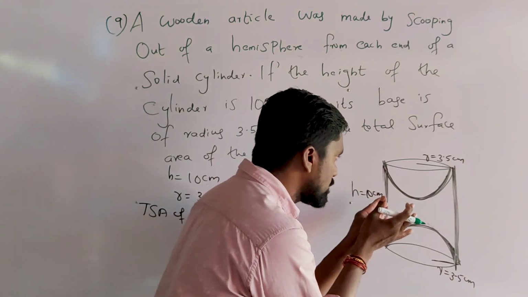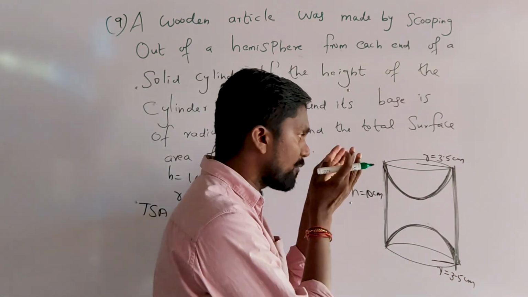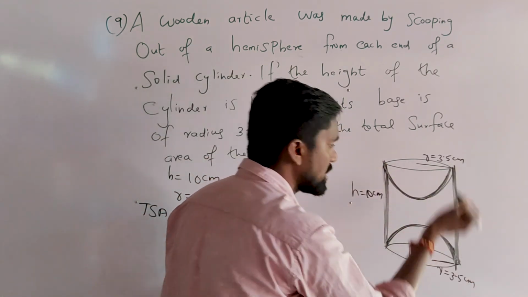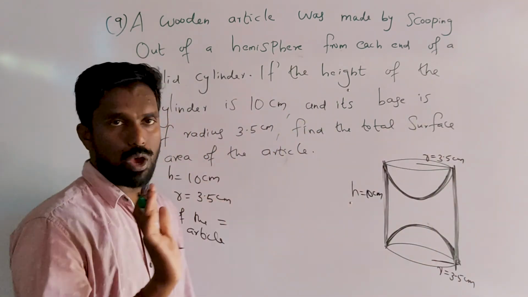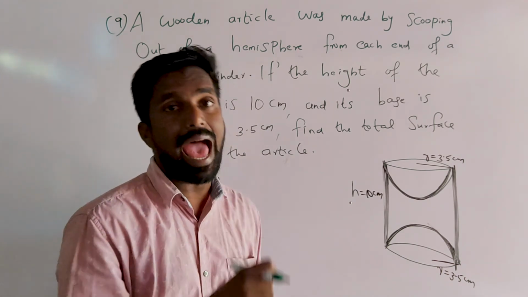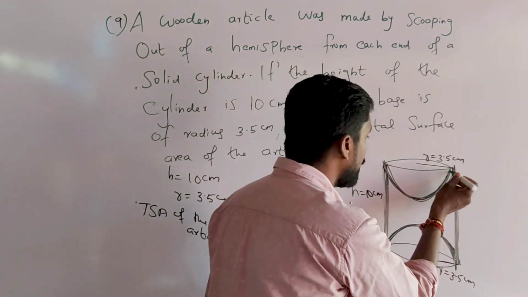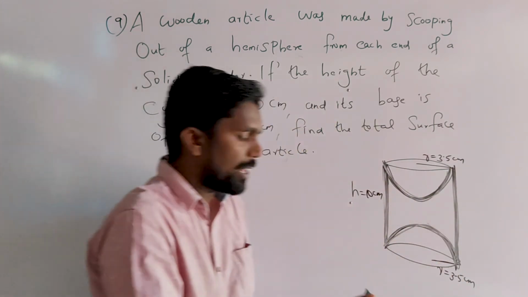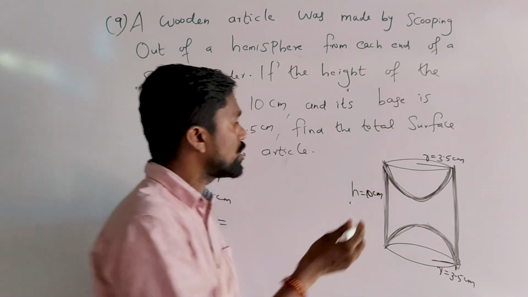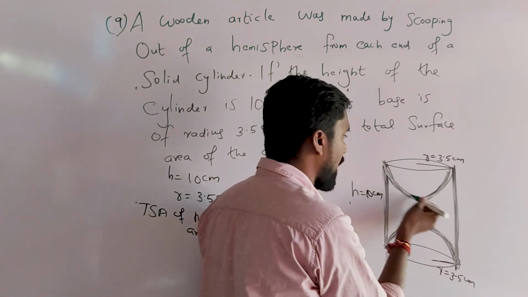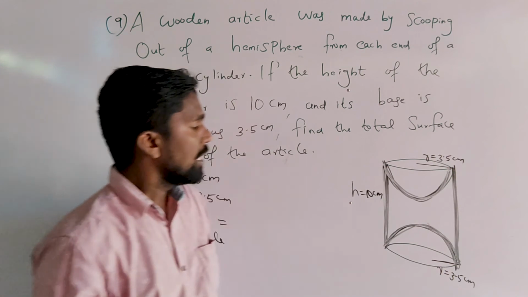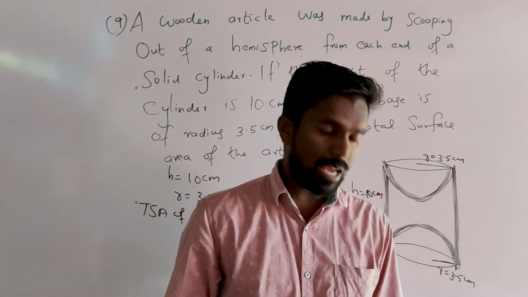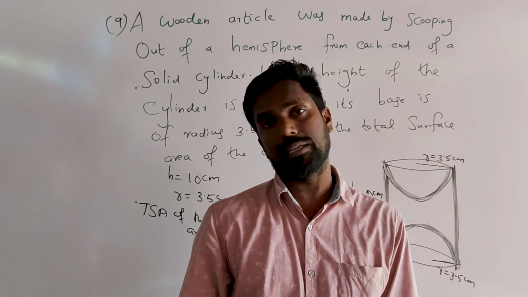If you are looking at this article, you can see the curved surface of the cylinder, that means CSA of the cylinder. Not only that, you can see the curved surface of the hemisphere also. Since the hemispherical portion is taken out, the hemisphere curved part will also be here. So all these parts you can see with your eye, that is the total surface area of the article.